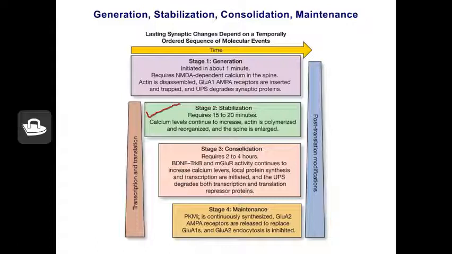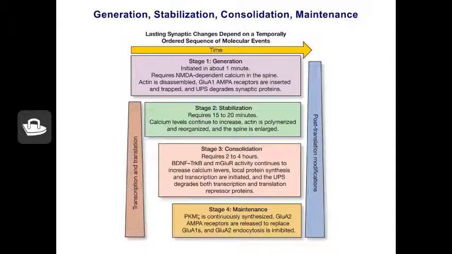The second stage is called stabilization. It starts around 15 or 20 minutes roughly after tetanic stimulation, if we use standard induction protocols in, let's say, a Schaffer collateral to CA1 pyramidal cell preparation. Now, similar timeframes are generally reported for other preparations as well.